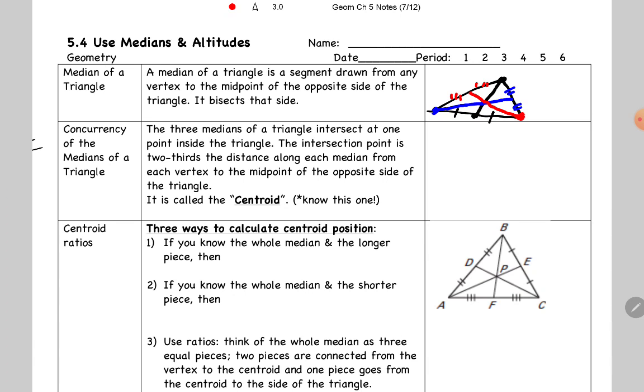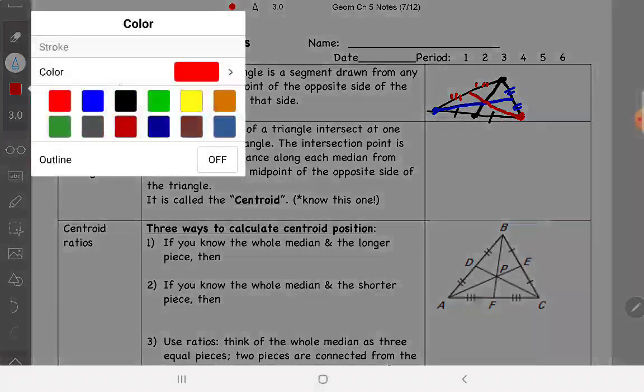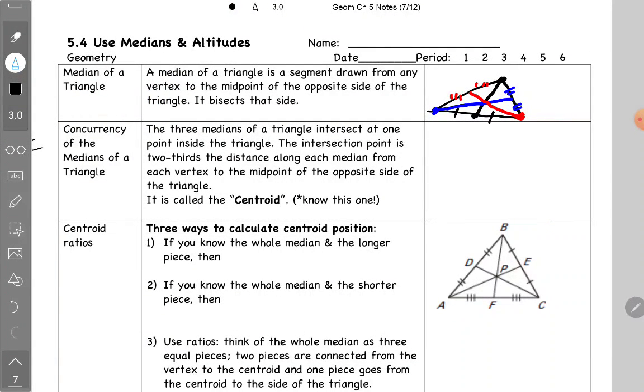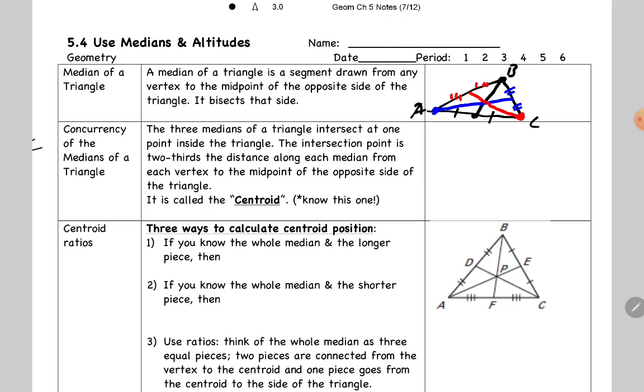Let me label this really quick: A, B, C, D, E, F. And these are the properties.